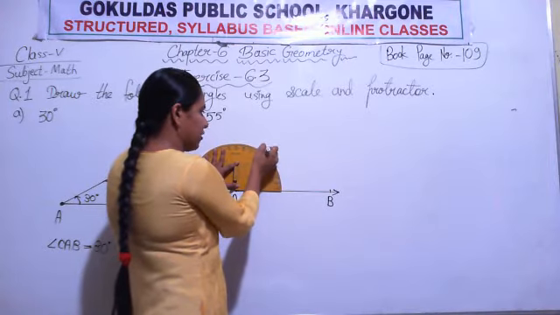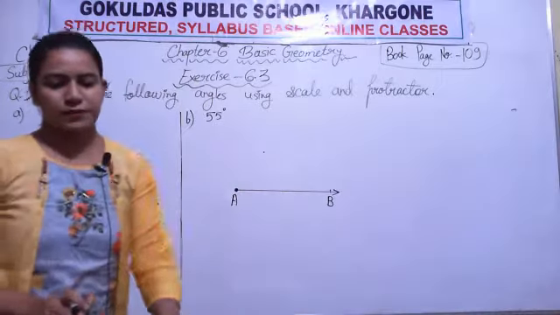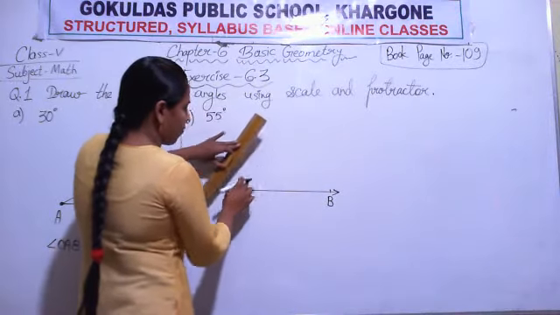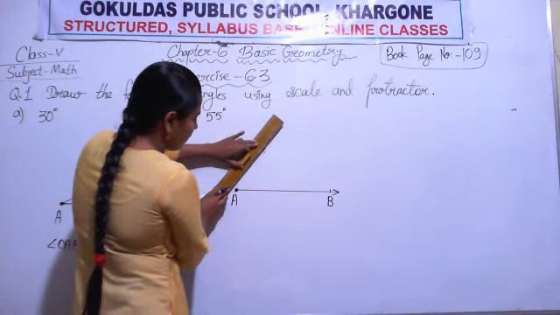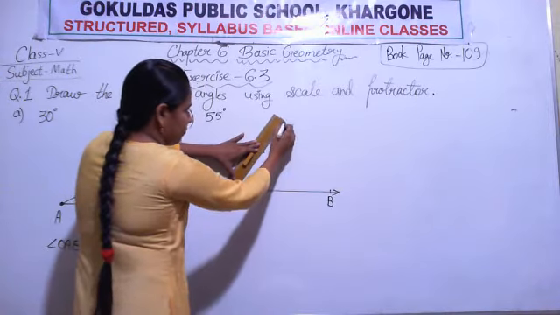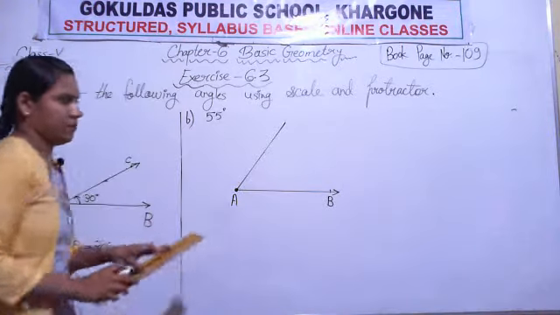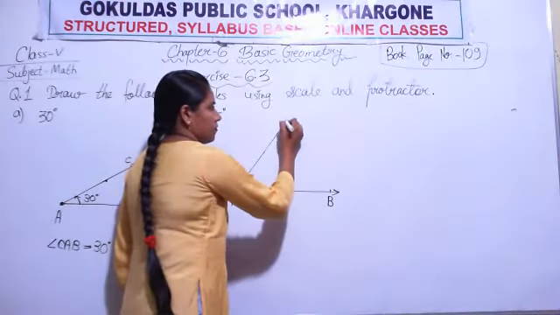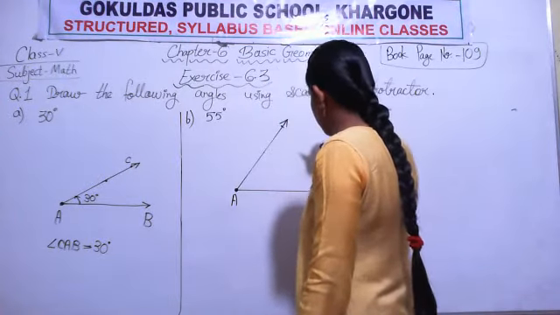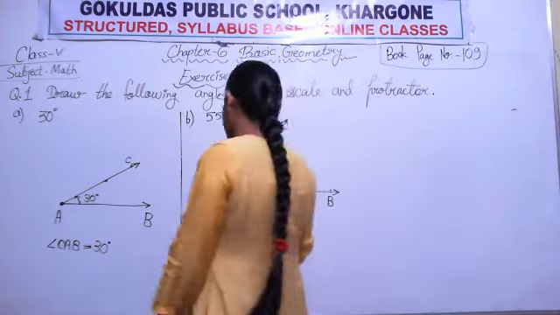Mark the point here. This point is 55 degree. Now you can remove the protractor. Now join this mark with A. Give a name to this arm also, like C. I am giving C, you can give any name to it.